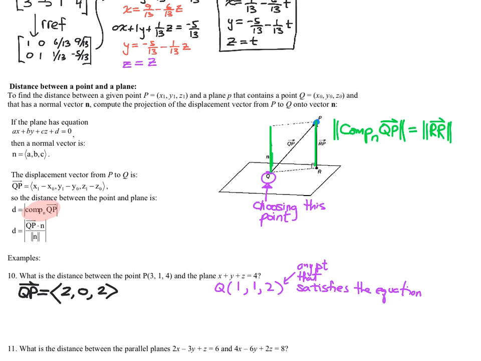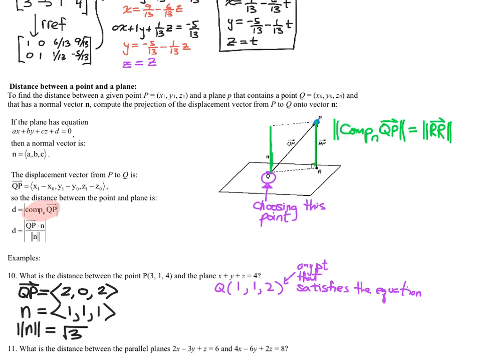Once you have that, it's just a matter of carrying out the process. So n, the normal vector, is equal to 1, 1, 1. Its magnitude is equal to the square root of 3. And so the distance, well, actually, let me do the dot product first.